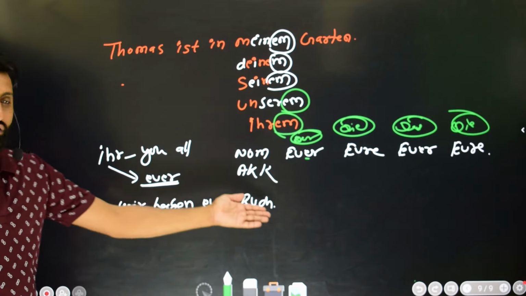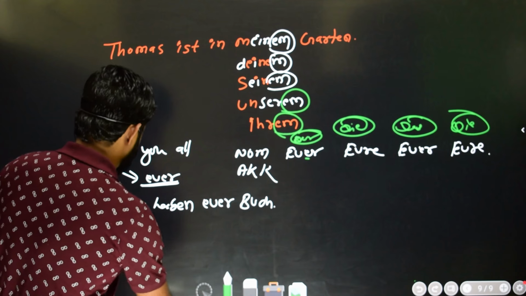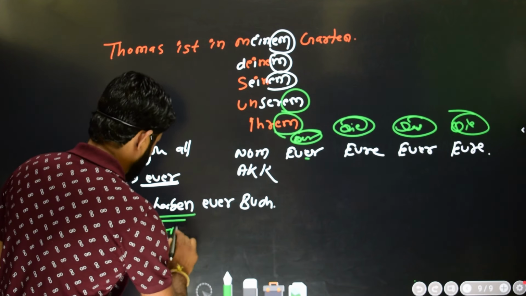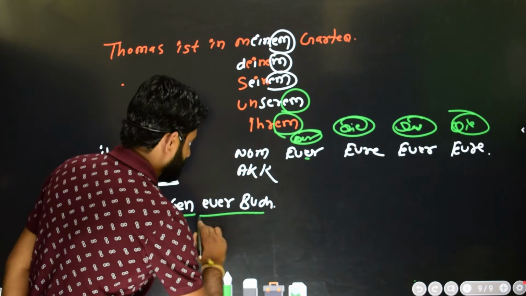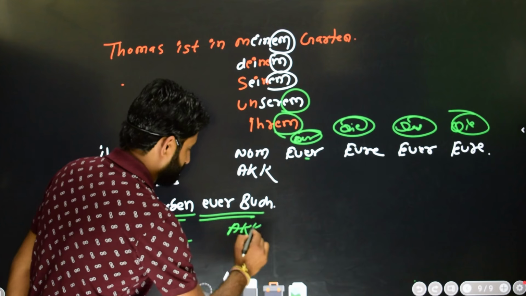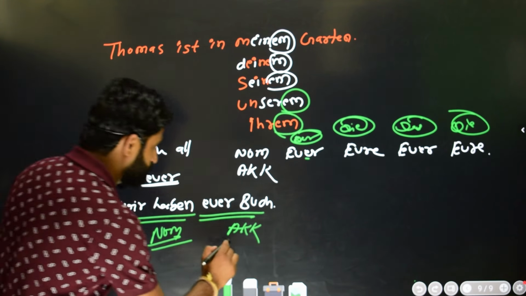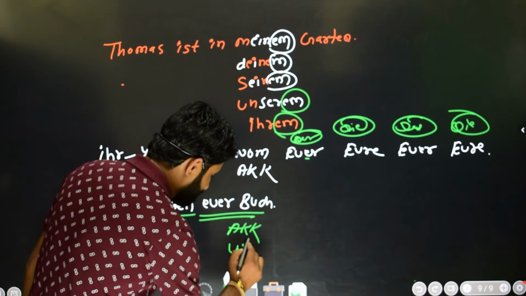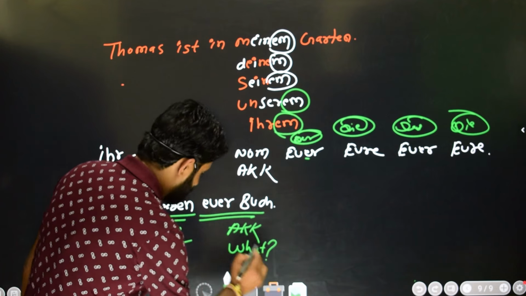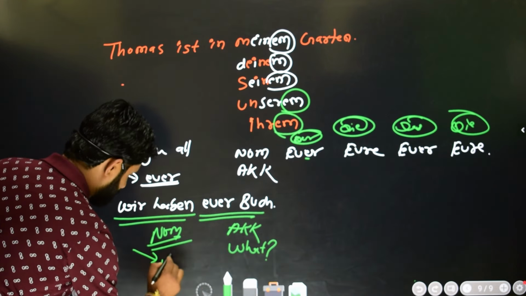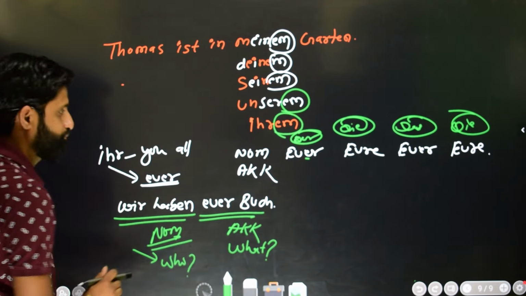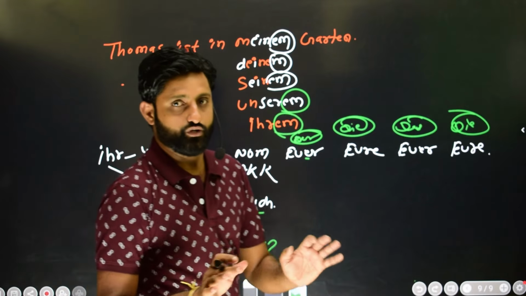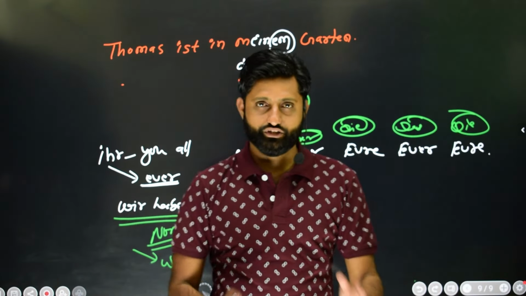Wir haben euer Buch. This is nominative and this is accusative. Very simple examples. Why accusative? Because here the question is with what? Here the question is with who. So I hope this concept is now clear, how to use possessive articles.